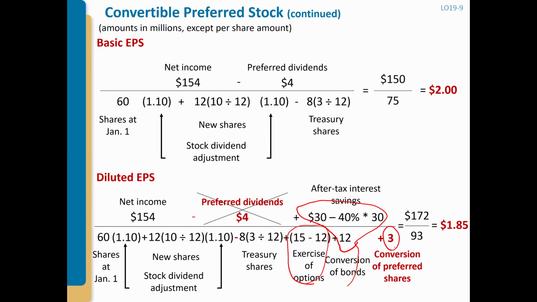That's why you add 3 here. And then if they convert it, we don't need to pay dividends to them anymore, right? So we're going to save the dividends. So you cross out this preferred stock dividends. Then the numerator is going to be total 172, the denominator is going to be 93, so the total is $1.85 diluted earnings per share.